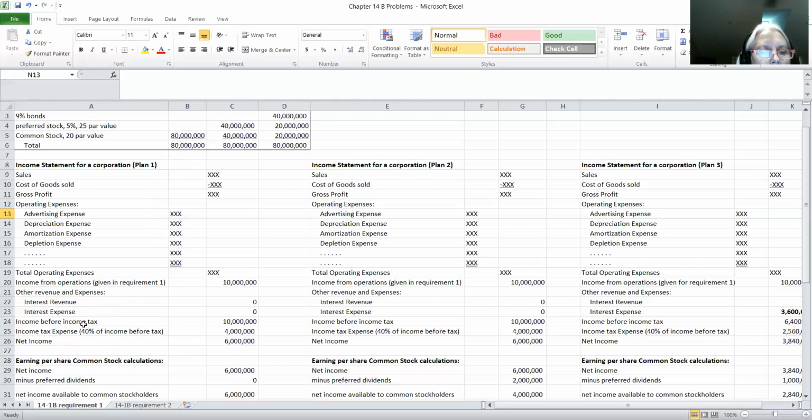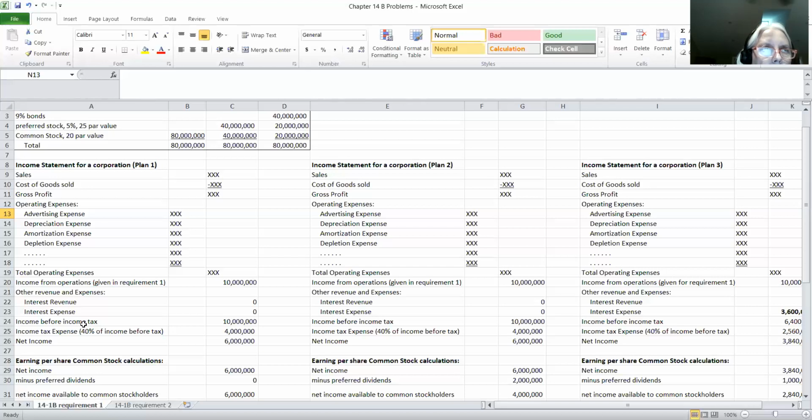So you might remember from Accounting 120 that we went to this income before income tax. We called it net income then because we were doing a sole proprietorship form of business in ACC 120, not a corporate form of business. So in a sole proprietorship form of business, you wouldn't have any income tax that the sole proprietorship pays.